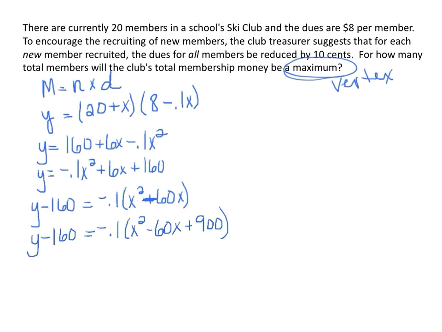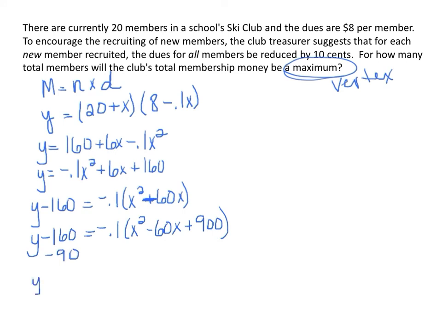Remember, if I add 900 here, you have to do the same here, but it's actually 900 times negative 0.1. 900 times negative 0.1 is negative 90. So I have to remember to subtract 90 from here.